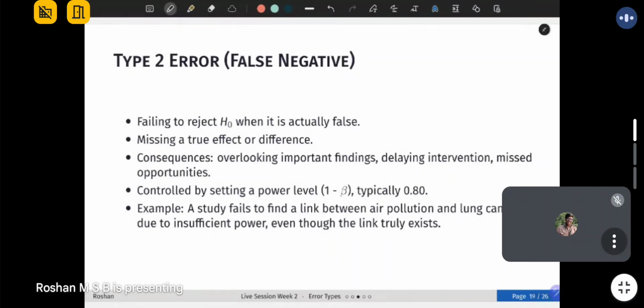You actually have the effect and you won't be putting it in the market. Missed opportunities, missed profits. And type 2 error, you actually control it by setting something called the power level, that is 1 minus beta. Beta is also called statistical power.